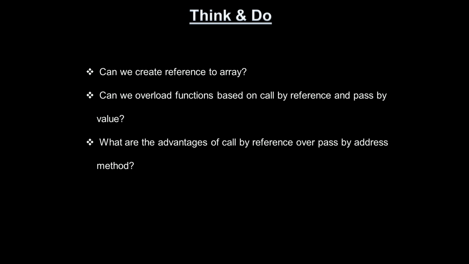Function overloading means we can have more than one function with the same name, but they have to differ in terms of arguments. Now write a swap function in two ways: one with pass by value, and another with call by reference, in the same program. Check whether it is working or not, and analyze how it is working, or which function will be called. If it is not working, why it is not working.